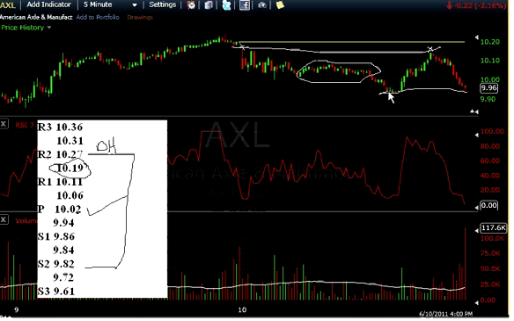Here we are at the dead lows. It'll give you an idea of where folks want to enter and exit this trade.